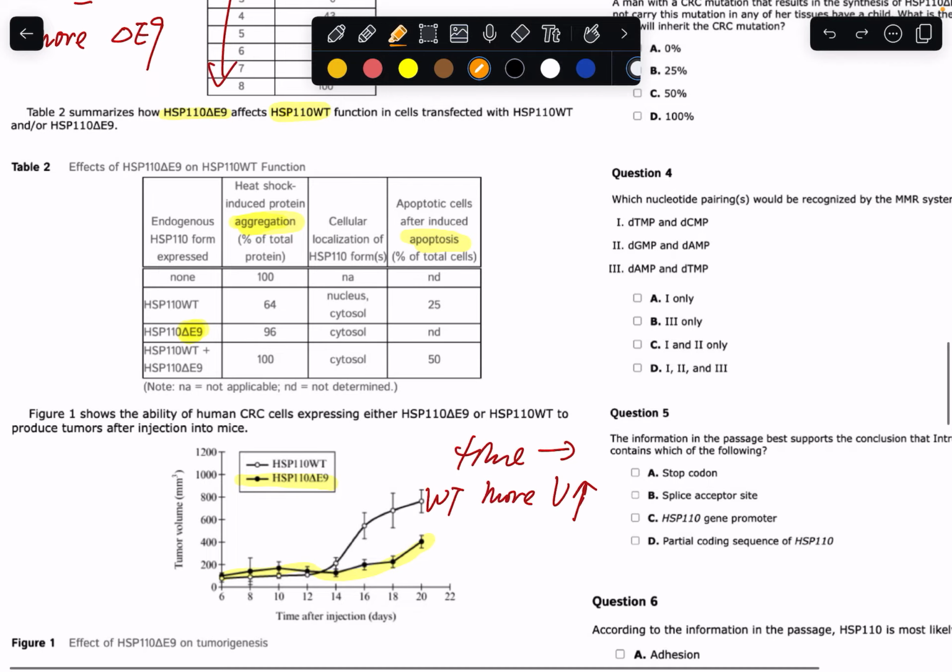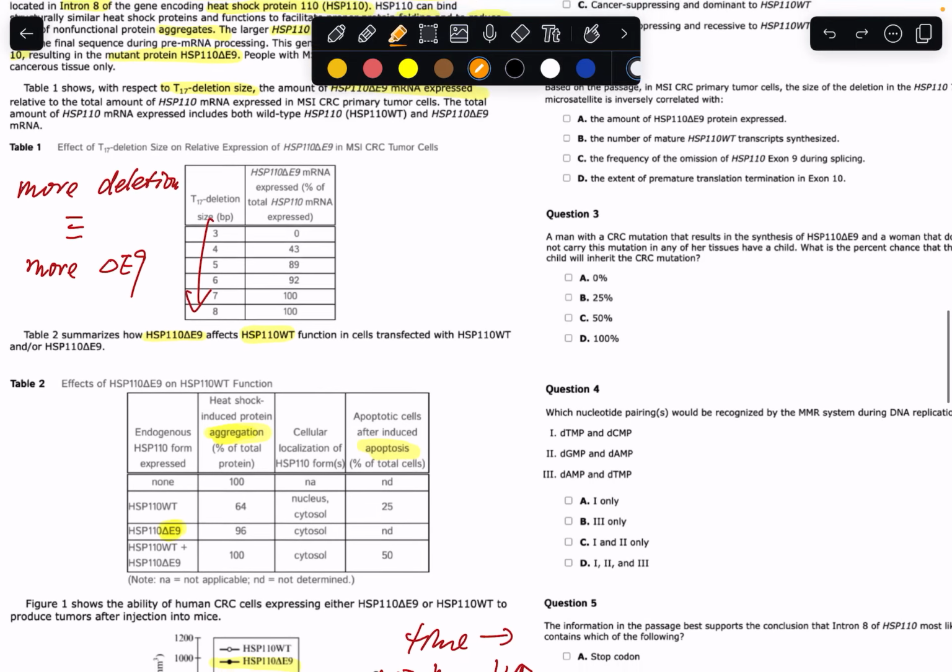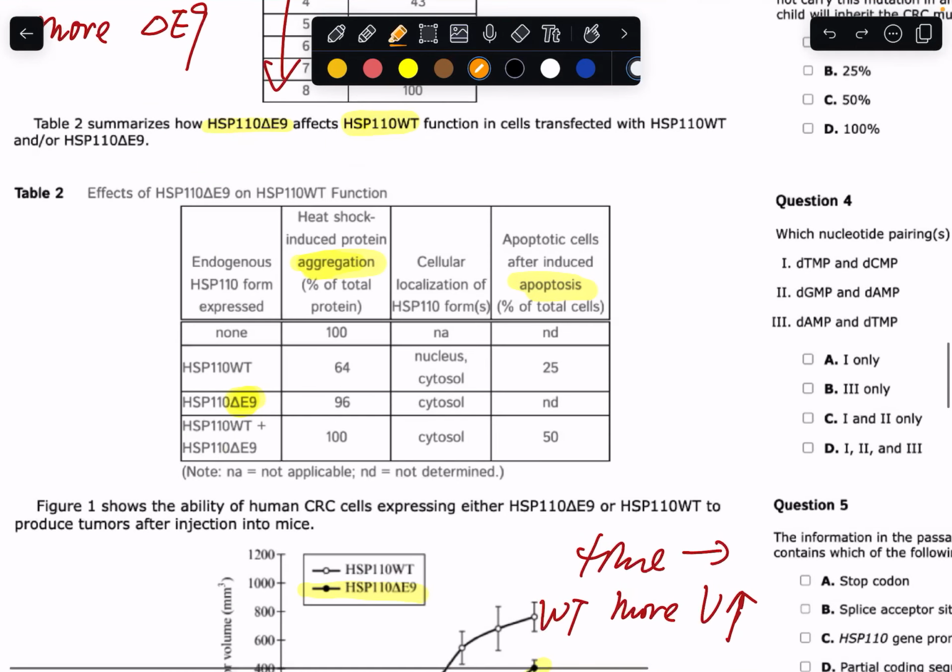Okay, and then is it dominant or recessive to the wild type? As we can see, it's dominant to the wild type, because when I have this mutant one, I have 96% of aggregation. And when I mix it with the wild type one, I'm not getting an average of 64 plus 96 divided by 2. I'm not getting an average number, but just a number that's really close to what the mutant one would cause, right?